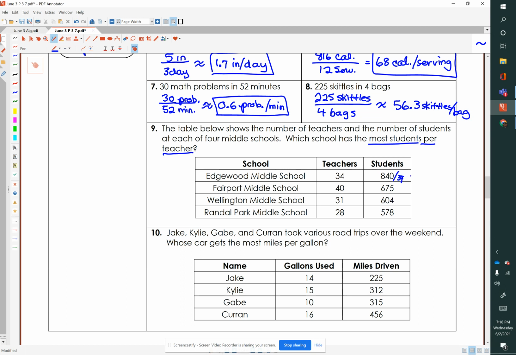that comes out to about 24.7, and that would be students per teacher. And 675 divided by 40 comes out to about 16.9, because we're rounding to the nearest tenth, students per teacher. 604 divided by 31 comes out to about 19.5 students per teacher.